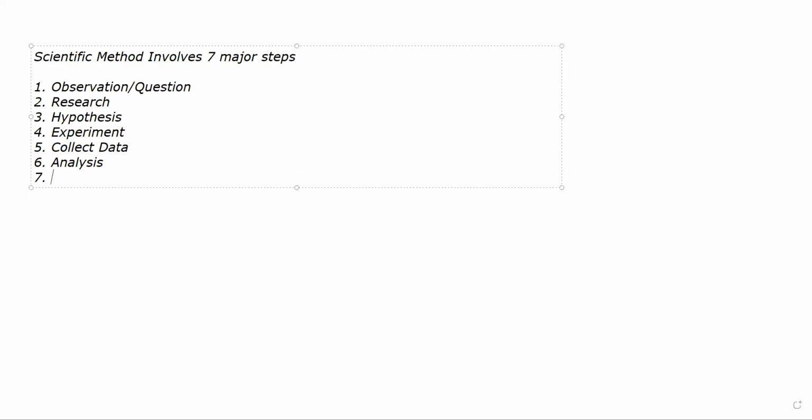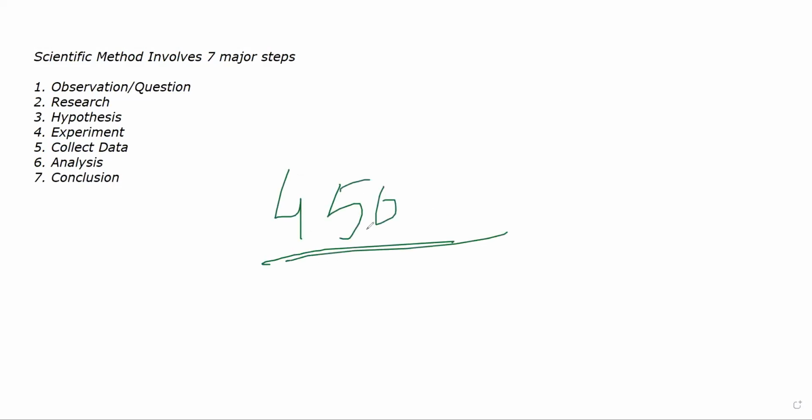Once you have analyzed the data, you will come to conclusion. Okay? Let's suppose in your data, you found out that out of 450 patients amongst different genders and different ages, you found that at least 50% of patients have bed sores. So out of 450, at least 225 patients had bed sores.